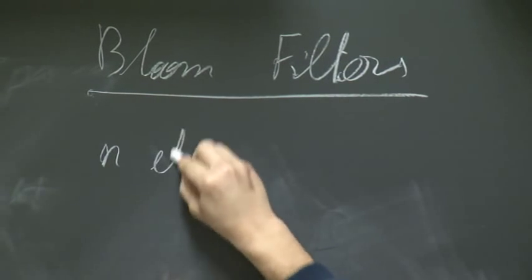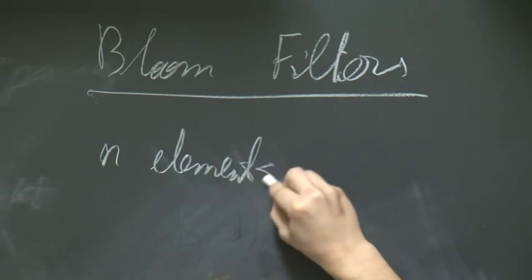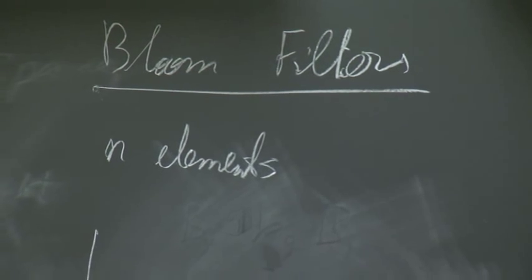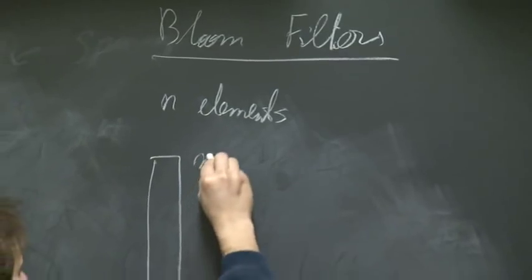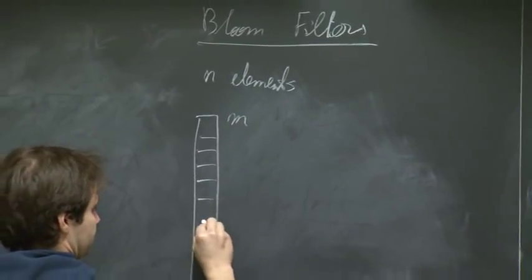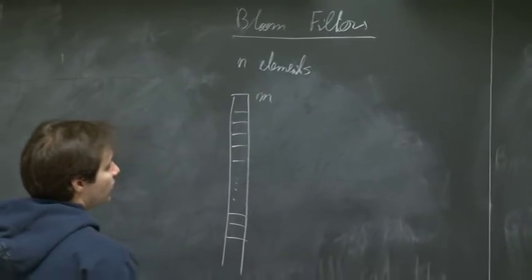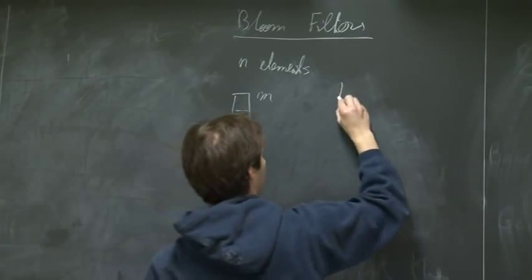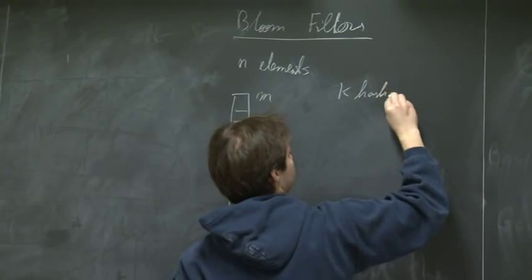For Bloom filters, we still have n elements, and we still have a table of m bits. What changes this time is instead of having one function, we have k hash functions.